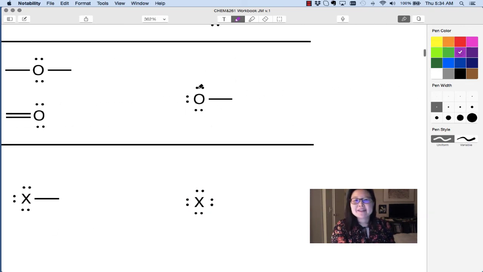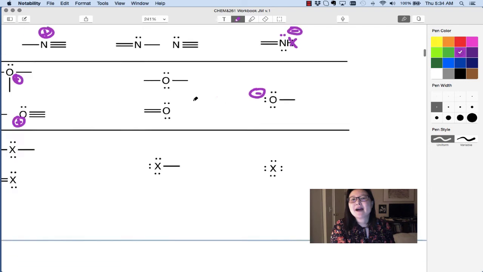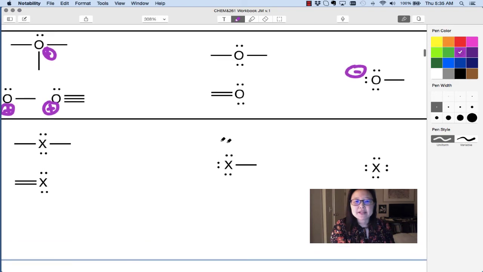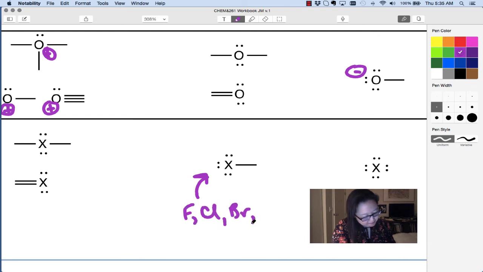And over here you see you're going to have more electrons than normal. So when you see a lot of dots, you tend to be more negative. And again, you can do the calculation, but an oxygen with 1 bond and many lone pairs to make the octet will be negative. And then over here, this is our neutral halogen. X represents our halogens, fluorine, chlorine, bromine, and iodine.